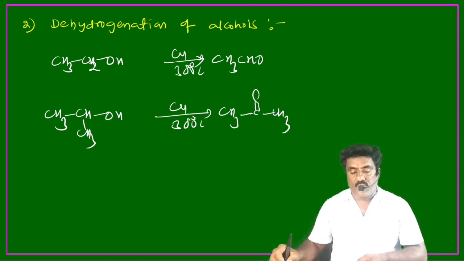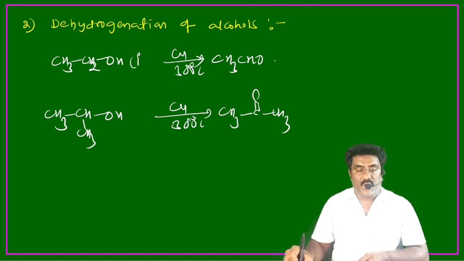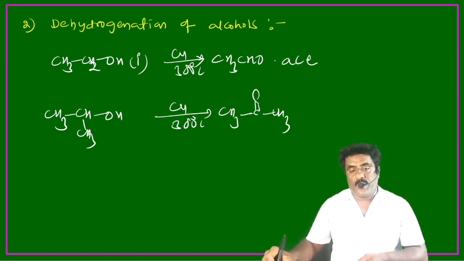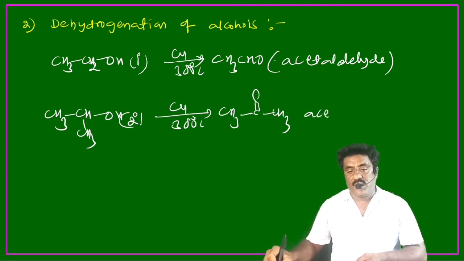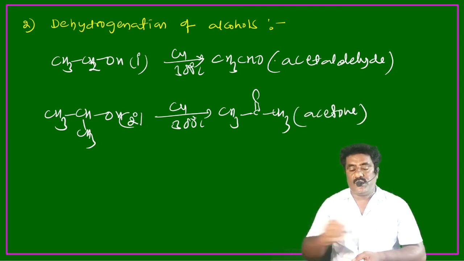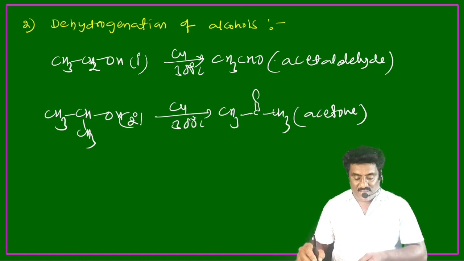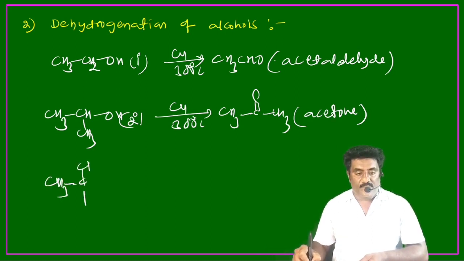Primary alcohol gives aldehyde, meaning acetaldehyde. Now secondary alcohol gives ketones, meaning acetone. Now coming to tertiary alcohol.